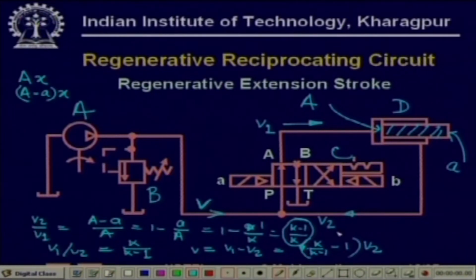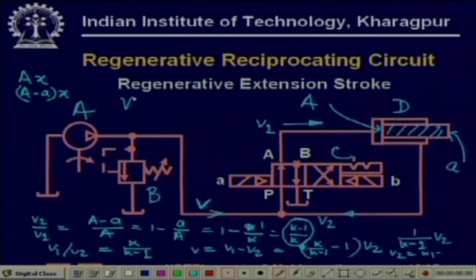That is equal to 1 by (K minus 1) into V2. So, V2 is equal to (K minus 1) into V. Let us write it at a different place.